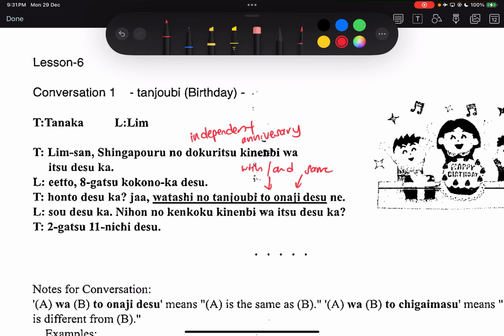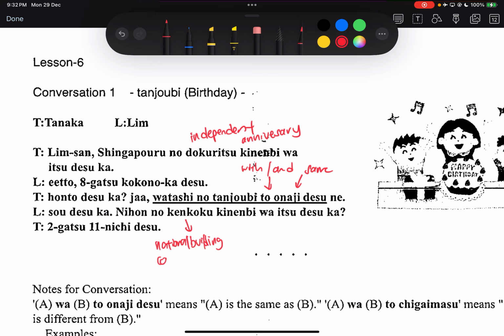日本の建国記念日はいつですか? Any idea what's 建国? 建国 in Chinese? 建国. Right, so in Japanese they don't say independence, they say 建国. It's called Constitution Day in Japanese. 建国 literally means nation building, or it means the constitution establishment date, when the constitution was established.